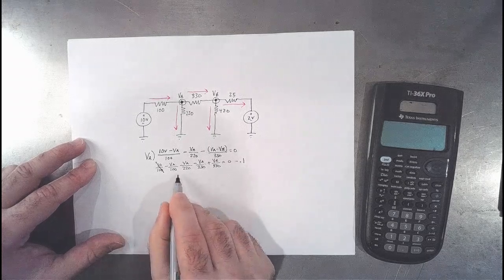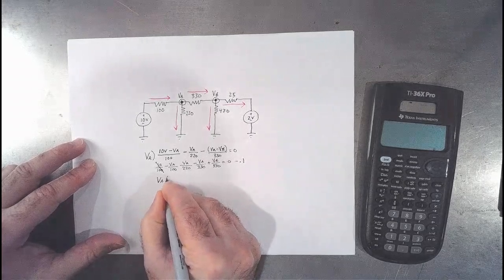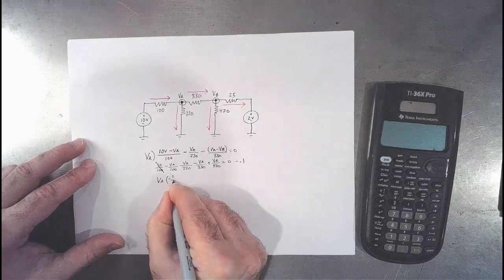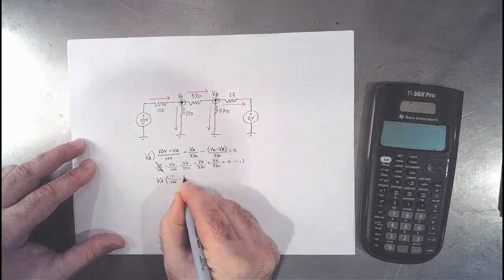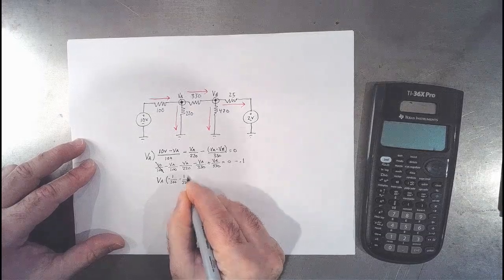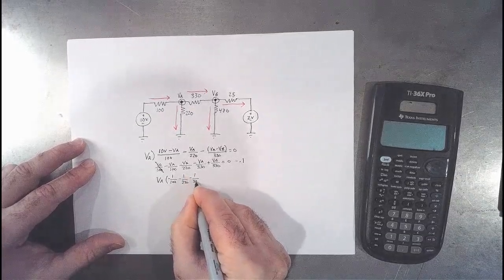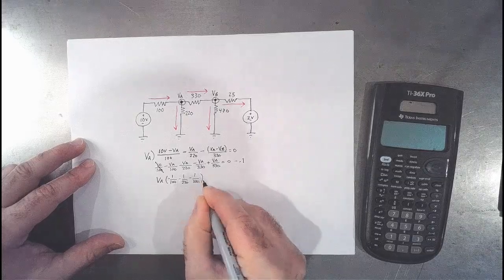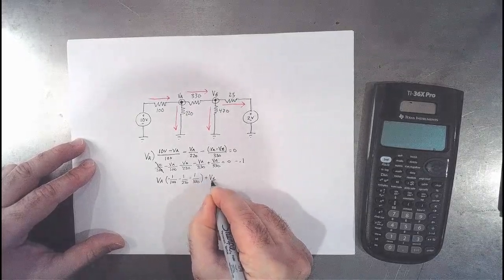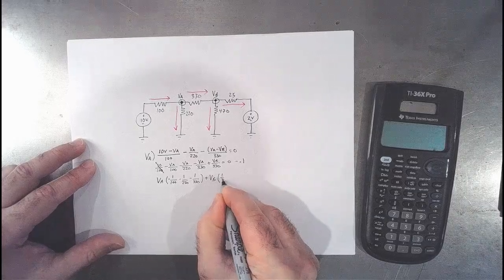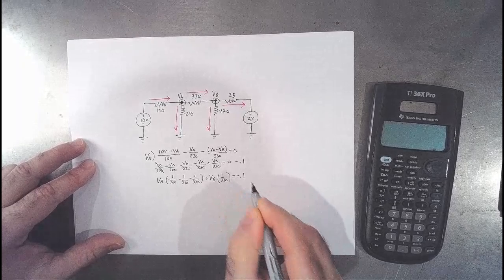Okay, so now I am going to factor out VA here. So there's this one, minus 1 over 100, minus 1 over 220, that's this one, minus 1 over 330, it's this one, plus VB times 1 over 330 equals minus 0.1.